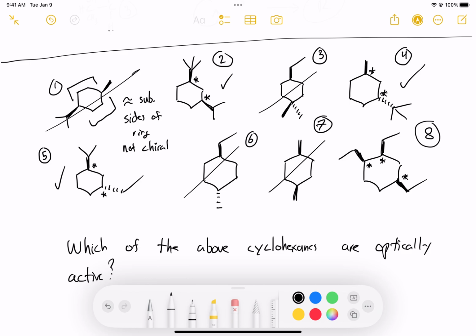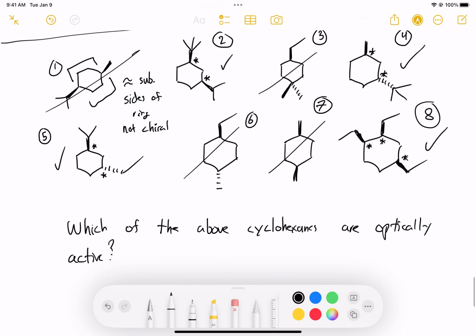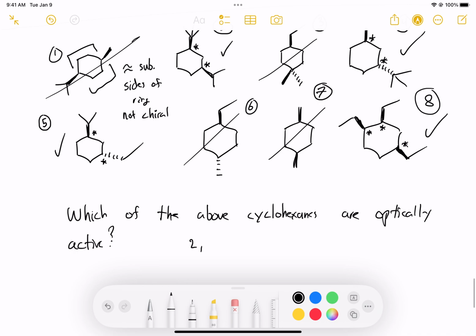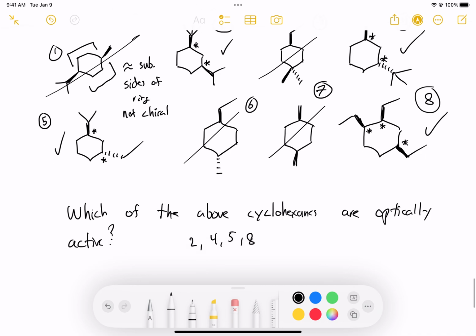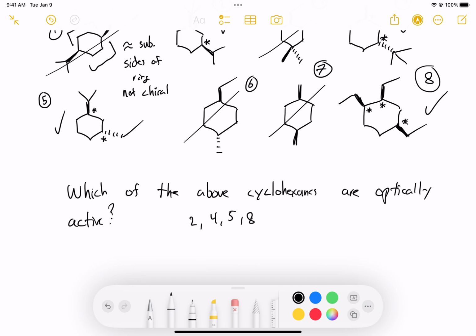This one has a CH2, then the other alpha group, and then one has the alpha group, then a CH2, then another alpha group. So this one checks out as well. So it's going to be numbers 2, 4, 5, and 8. Okay, so something like that. So be able to do that.